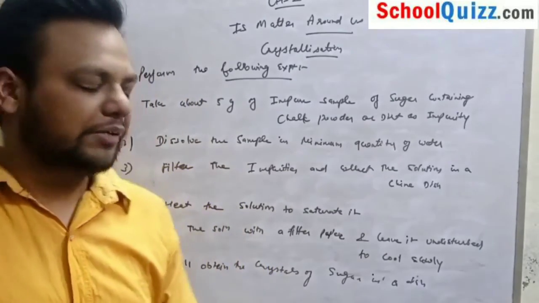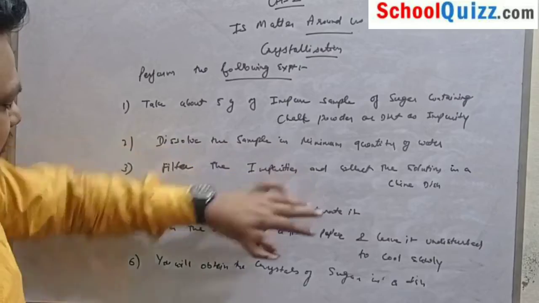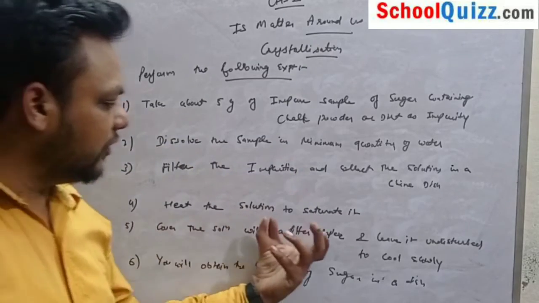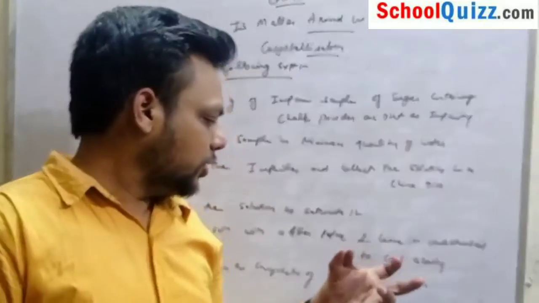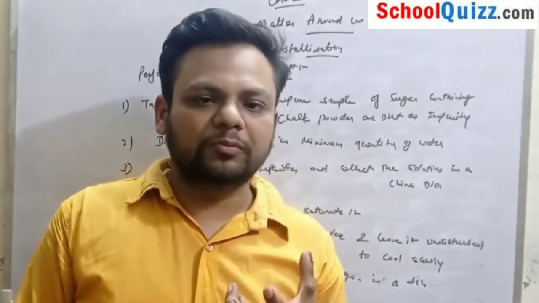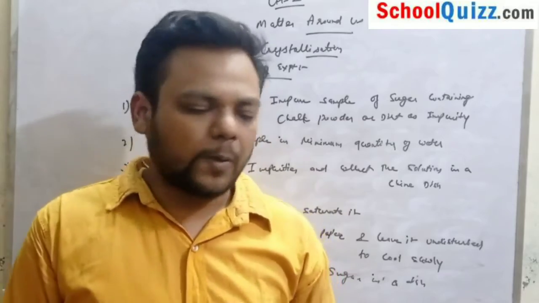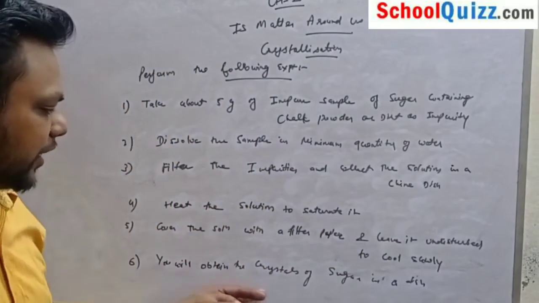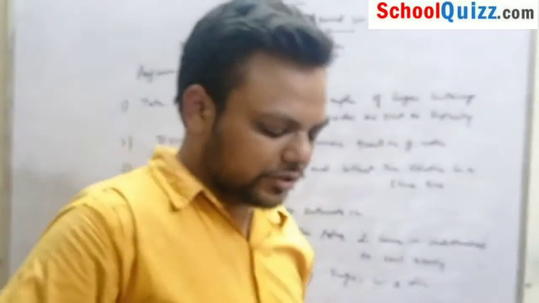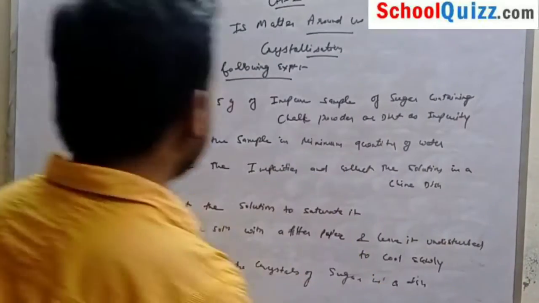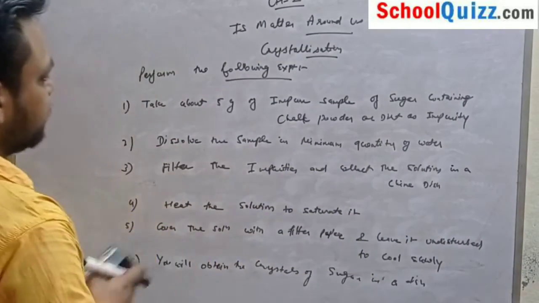Fifth is to cover the solution with the filter paper and leave it undisturbed to cool slowly. When we leave it to cool, crystals are obtained. And sixth is you will obtain the crystals of sugar in a dish.